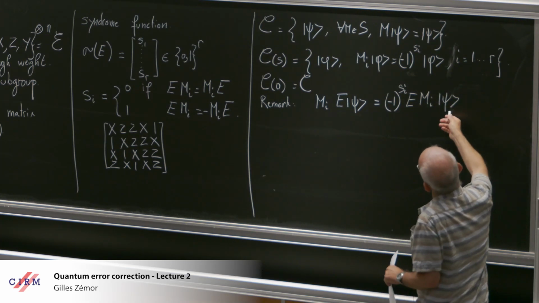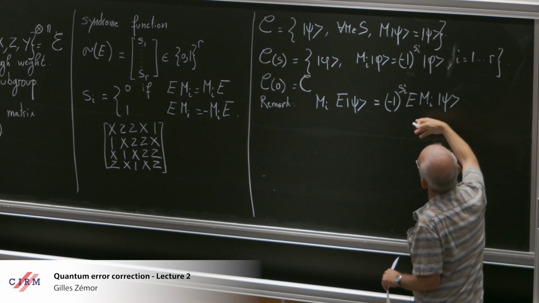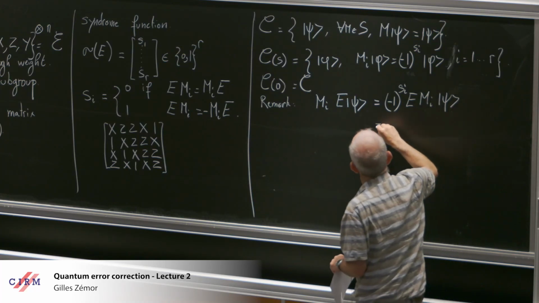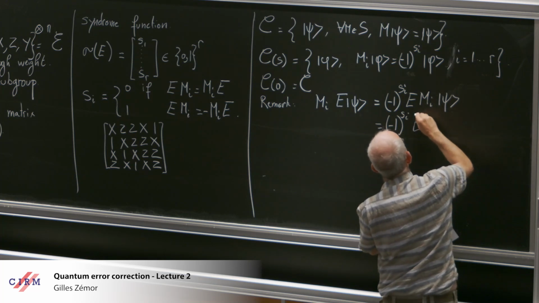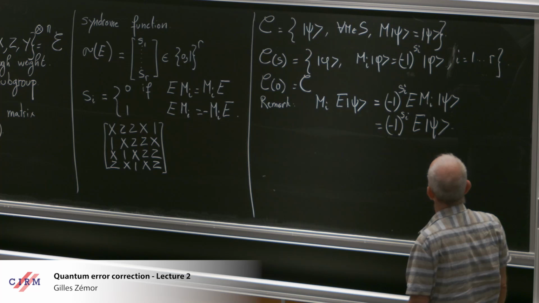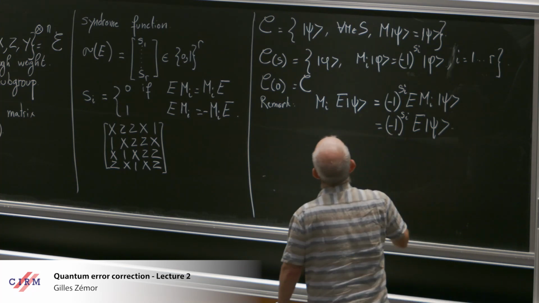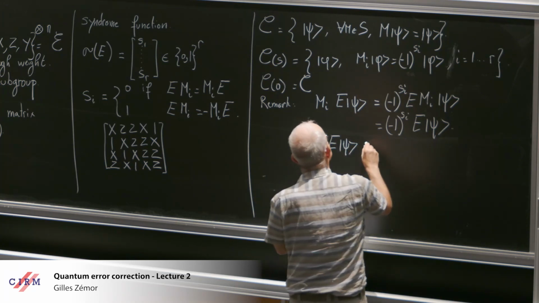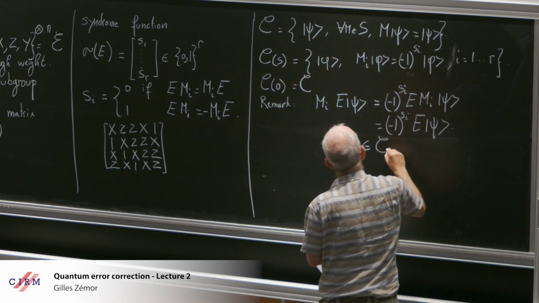And by definition of psi, Mi psi is exactly psi. All the Mi, all elements in the stabilizer group, they stabilize encoded states, so this is the same thing as (-1) to the Si times E times psi. So what does it mean? It means that E times psi falls into one of those spaces, the C of S.